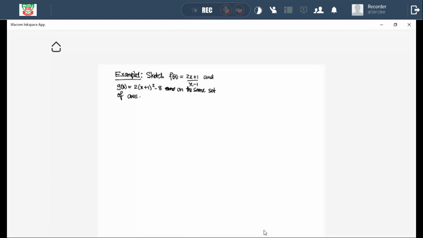Okay, right. I want us to sketch these two functions, f of x and g of x, on the same set of axes.